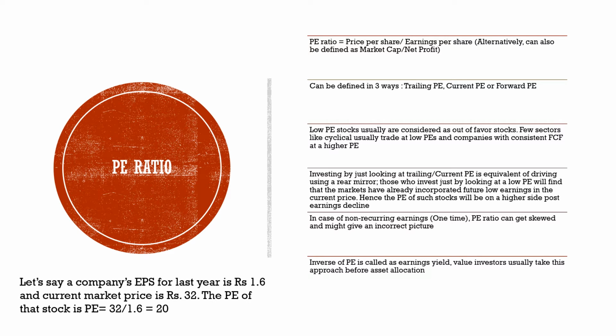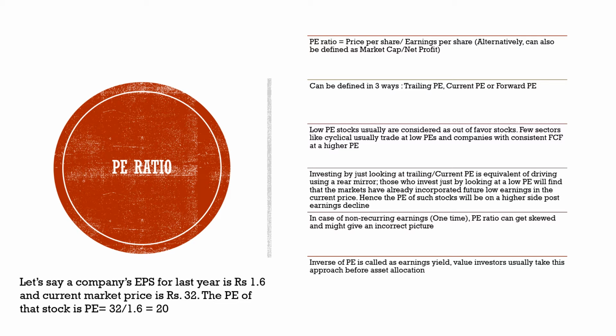So say for example, if a company has declared that their earnings are going to deteriorate in the next few quarters, usually you will see a dip in the share price of that stock, and subsequently the price to earnings ratio of that stock will be on the lower side.